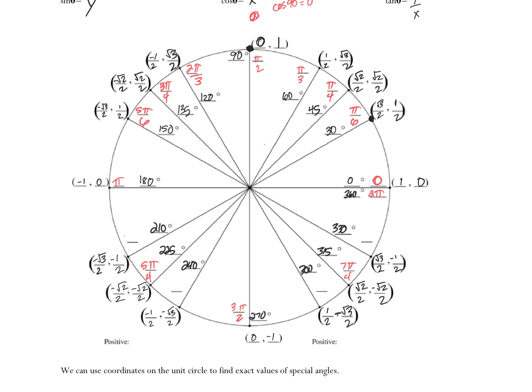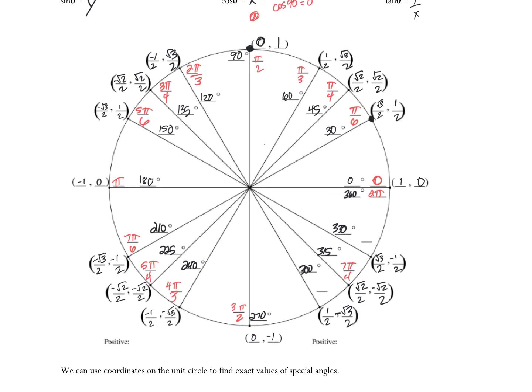7/6 doesn't reduce. 8 over 6 is 4/3, yeah. 9 over 6 does in fact reduce down to 3/2.